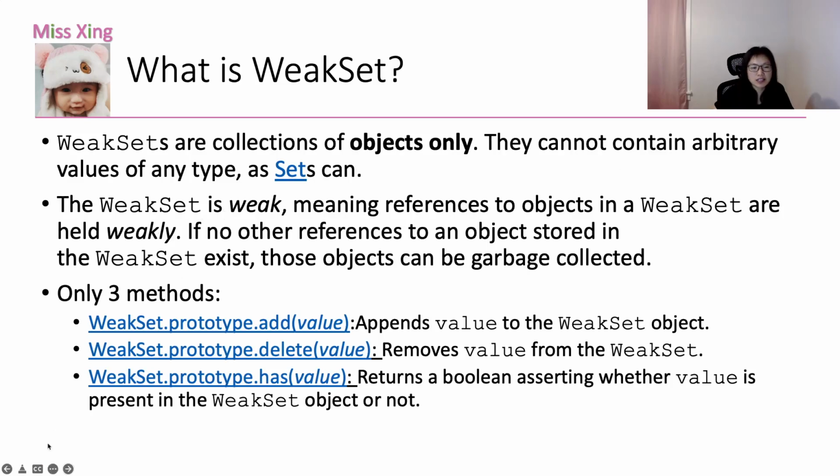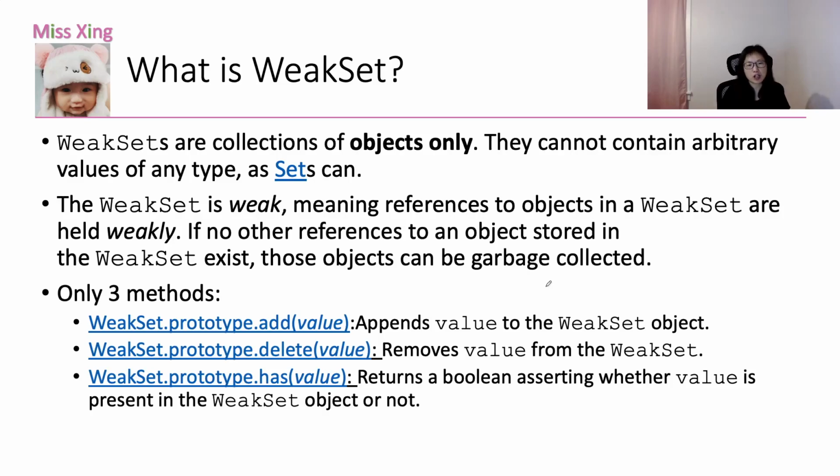WeakSet is weak. Here the weak is the same idea as in WeakMap. If you don't understand, you can go watch the WeakMap videos and then come back to WeakSet. The idea is the same: the references to the objects in a WeakSet are held weakly. So if no other reference to an object stored in the WeakSet exists, those objects can be garbage collected.